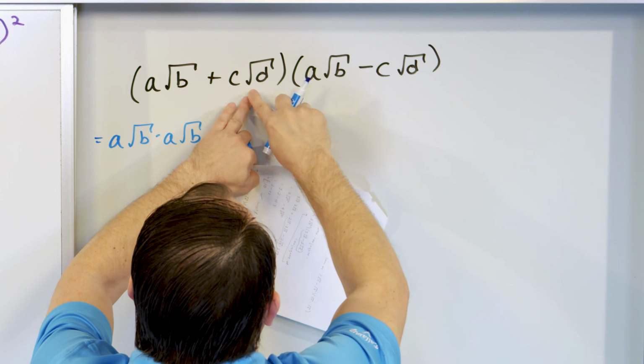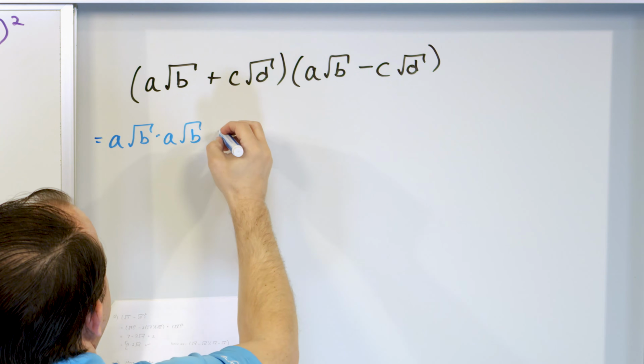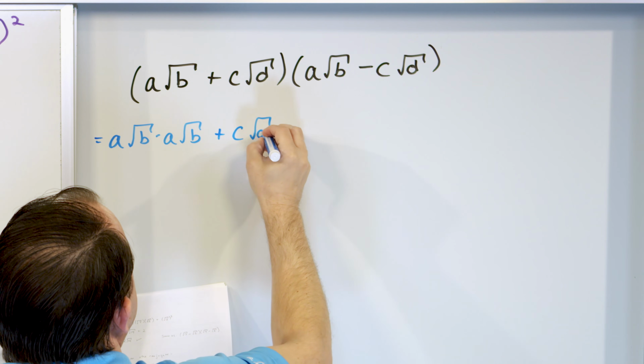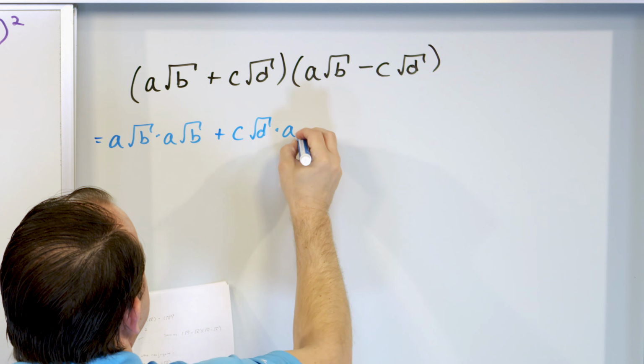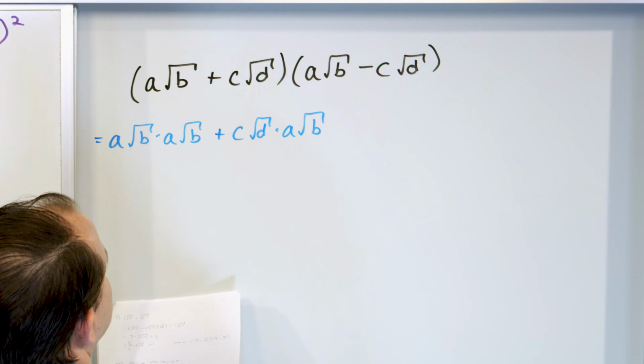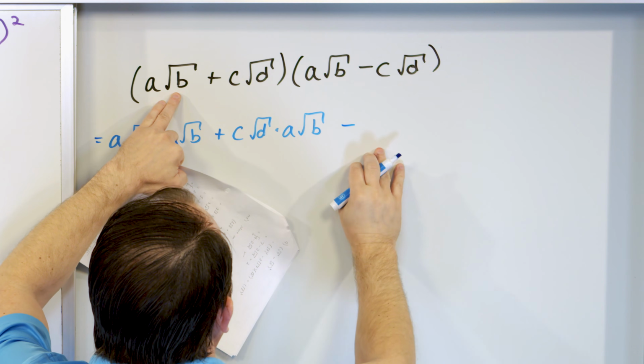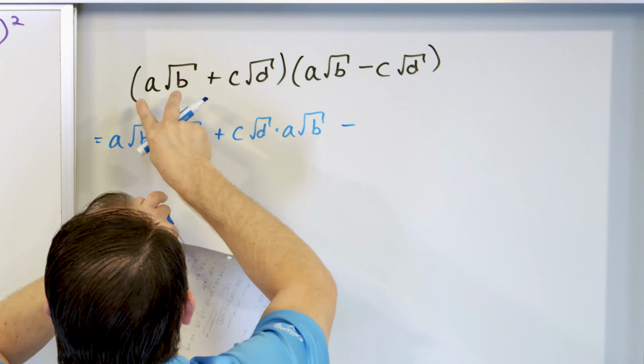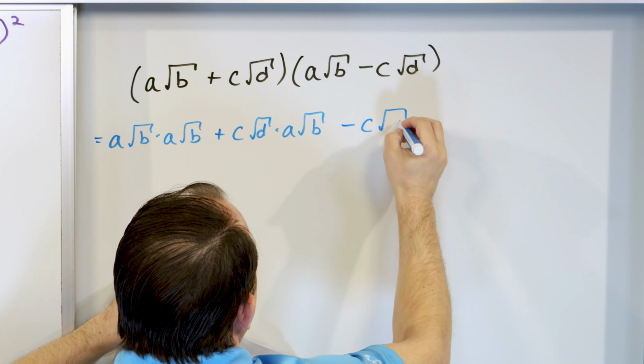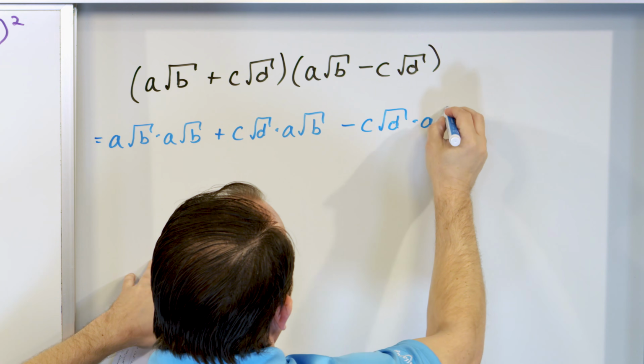The inside terms are going to be all these multiplied together, and I'm going to write that as c times the square root of d times a root b, just this times this term. But then I have a minus sign when I multiply these, so that minus sign goes there, and it's c root d times this one. So I'm going to write it as c root d times a root b.